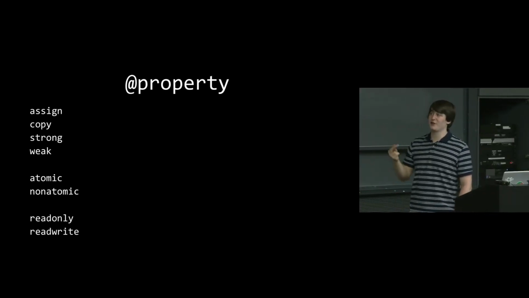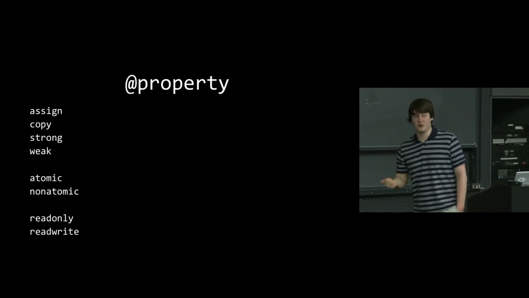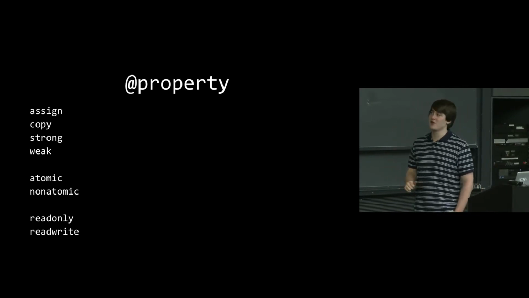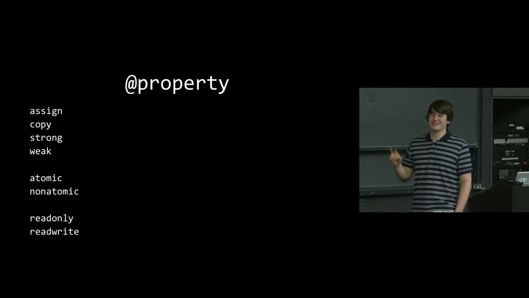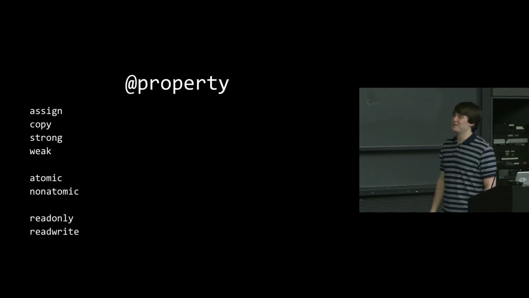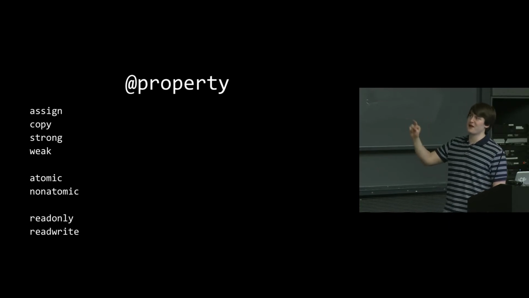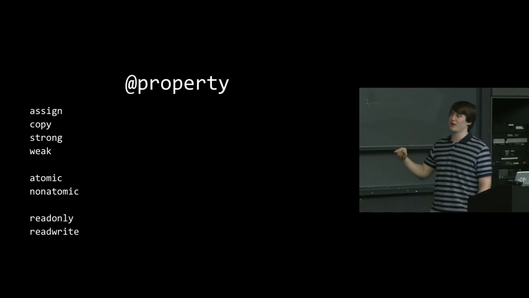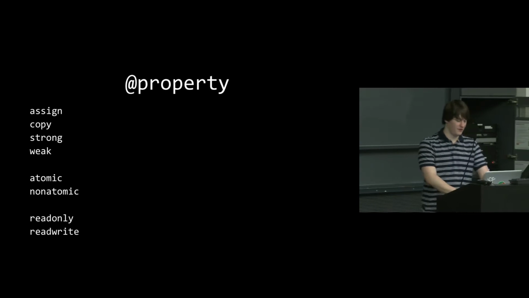Strong and weak in particular are pretty much the only things you really need to think about under ARC. Those are memory management difficulties that if you get wrong, you can still leak things, but it's not too bad. It's especially better than needing to keep track of everything. Atomic and non-atomic are a different pair of things that we'll get into, and read-only and read-write we will talk about today.